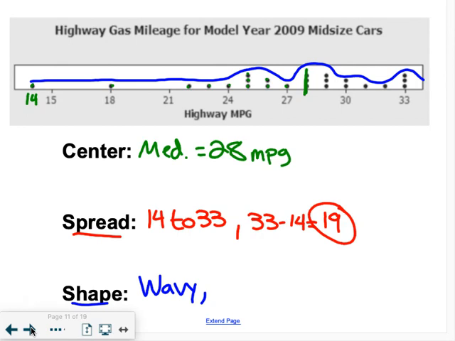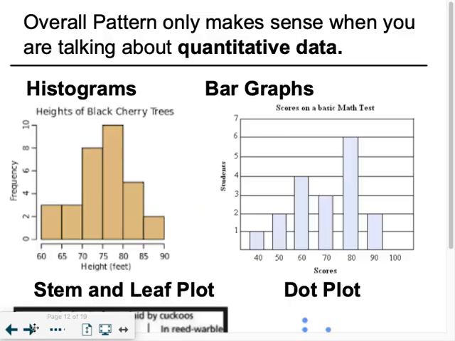So the last couple things here are some different data displays. These are just some examples, and you're going to see them more often. We have two types of data. Overall pattern only works when you are talking about quantitative data.